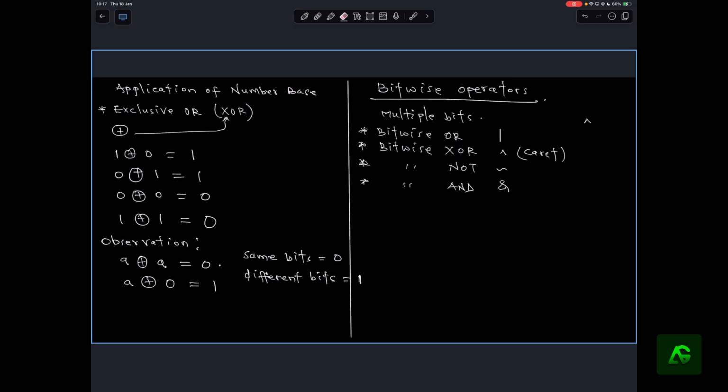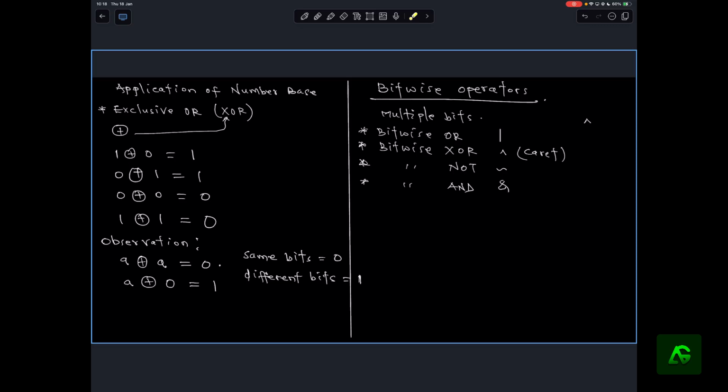Mathematically, the symbol for it is a plus inscribed in a circle, while this is the symbol used while writing code in a programming language.